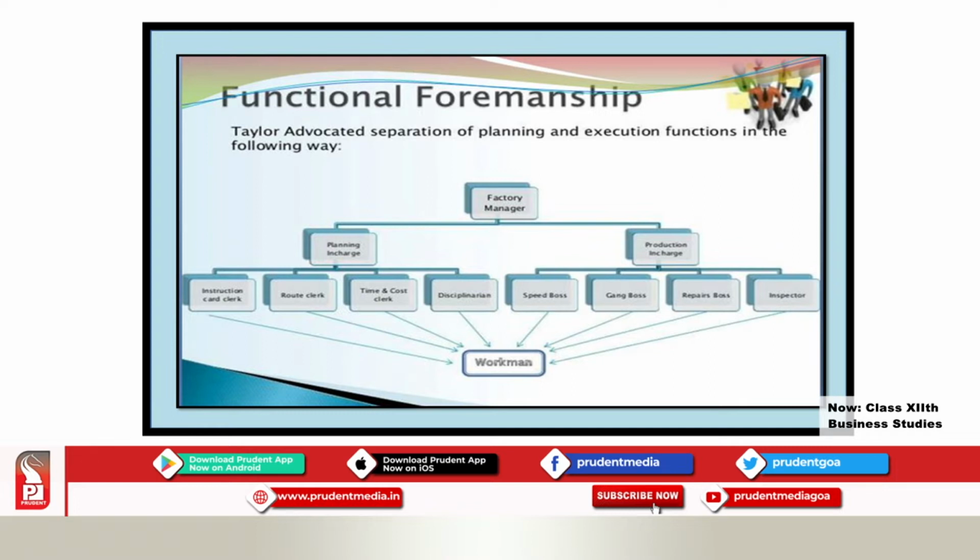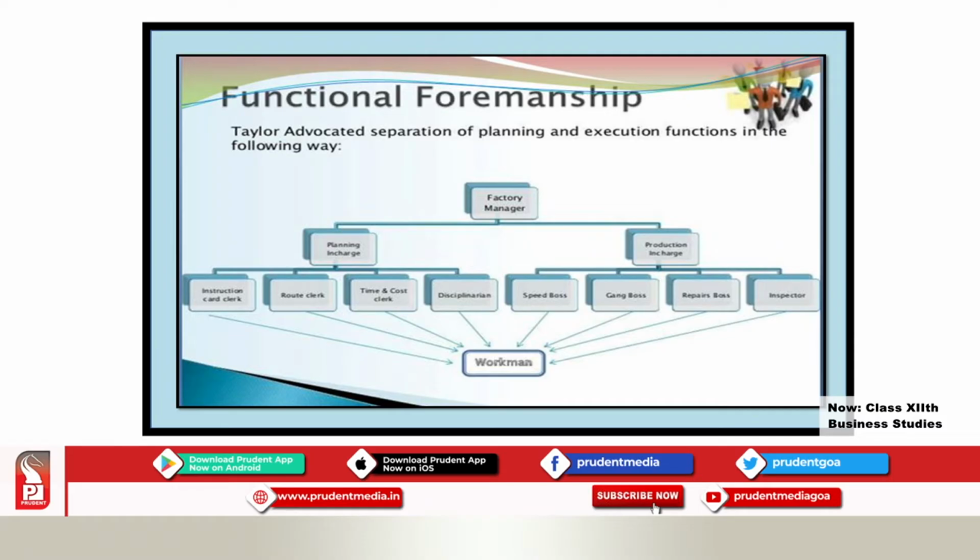What he has done in this technique is, in a factory he has divided it into two departments, the planning department and the production department. He has a planning in-charge for the planning department and a production in-charge for the production department.